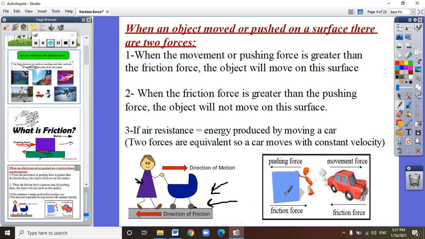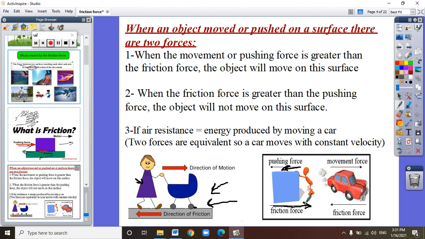If I have a very big object, like this one, that's the pushing force, or the motion force, or the movement force, and that's the direction of the friction force. The friction force here is between the object and the ground.